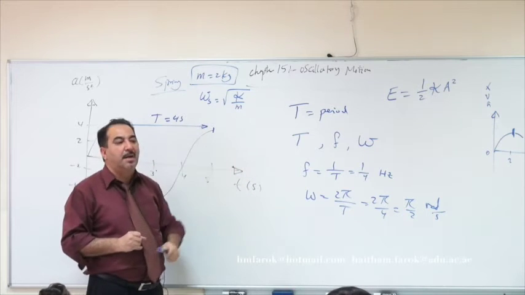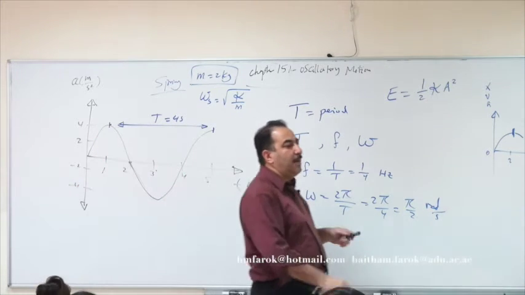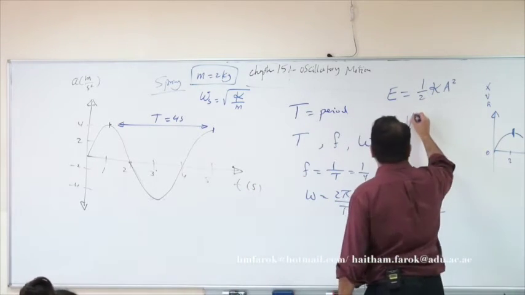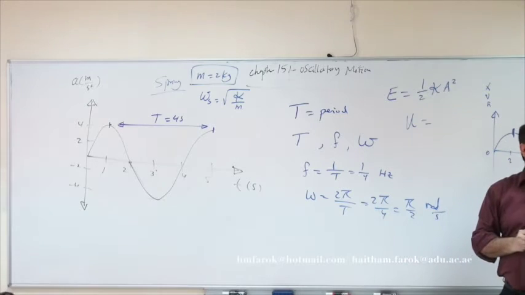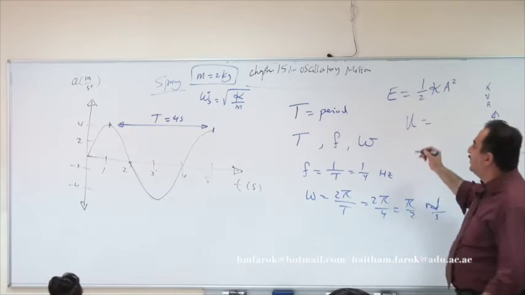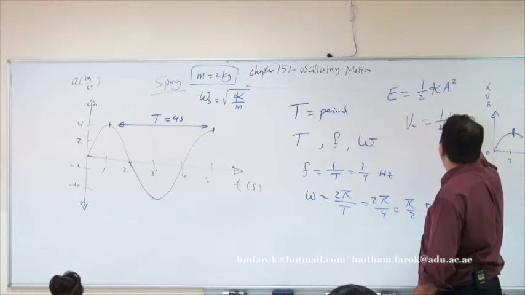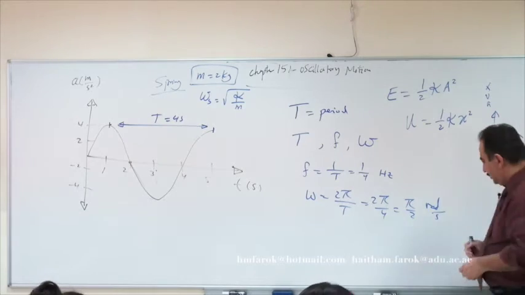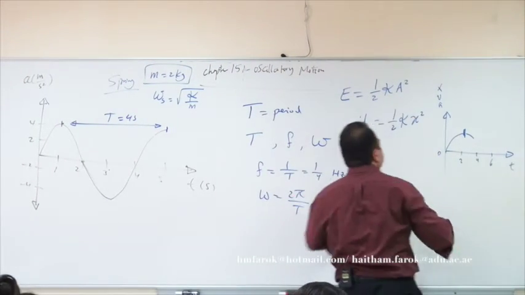Mass is known, you find kappa. Once you find kappa, then you can find other things. Like, if I ask you what's the spring elastic potential energy, what do you need? Half kappa x squared. Look, you need kappa. Of course, you need x as well, and a.